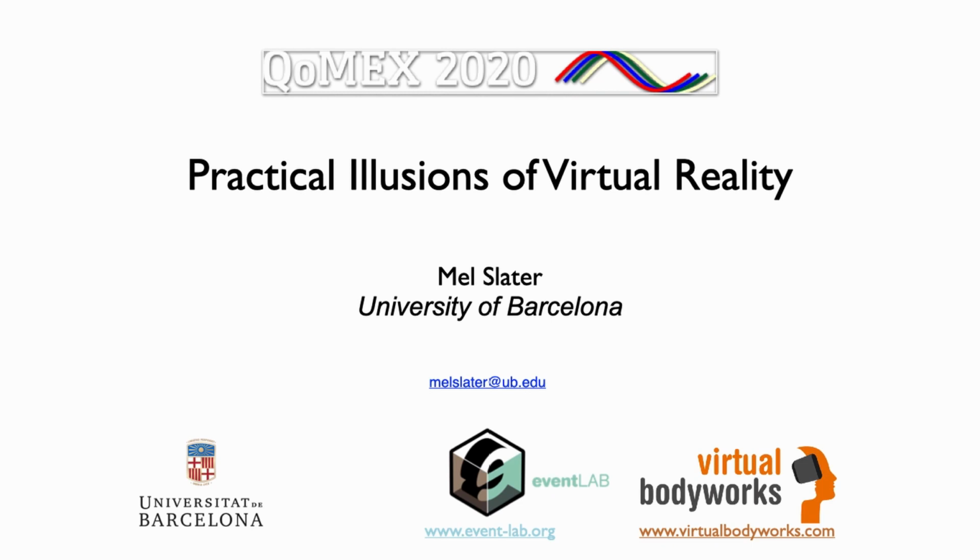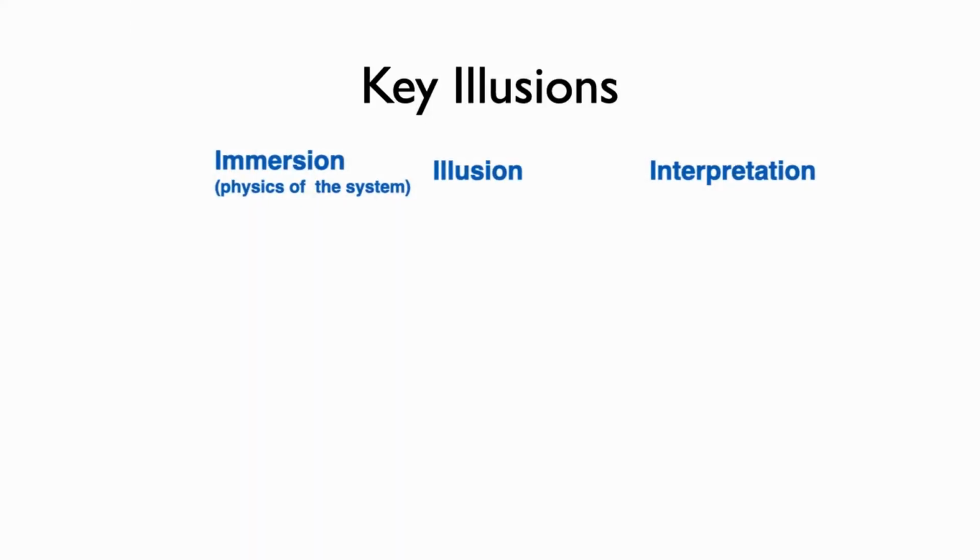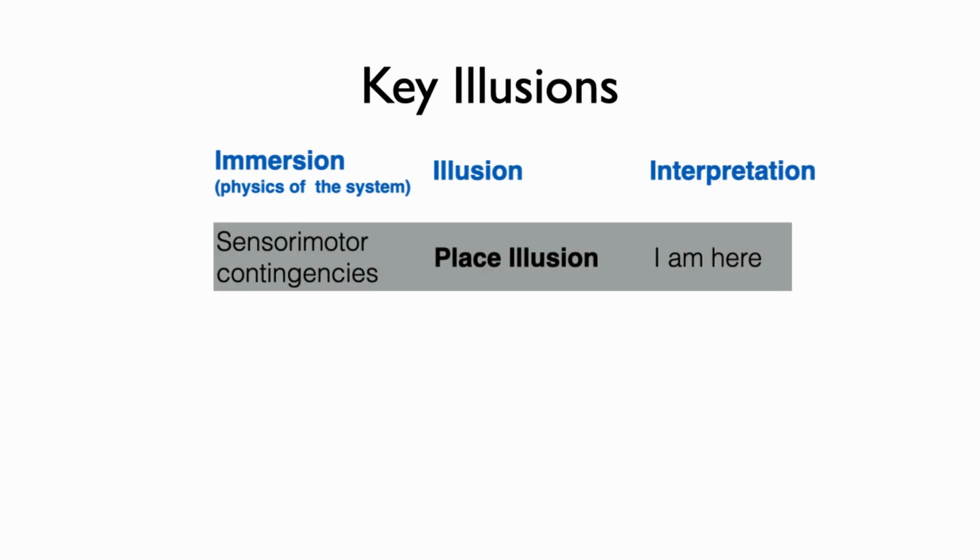So I'm going to talk about practical illusions of virtual reality, and there are three main illusions which I'm going to talk about. The first one I call place illusion. You're in a virtual reality, and it's the illusion that I'm here, I'm in this place, which is depicted to my senses through the virtual reality systems. And what is this based on? It's based on natural sensory motor contingencies for perception.